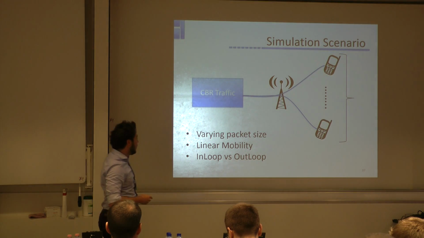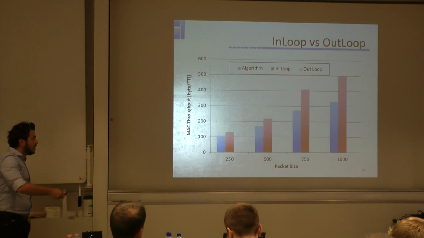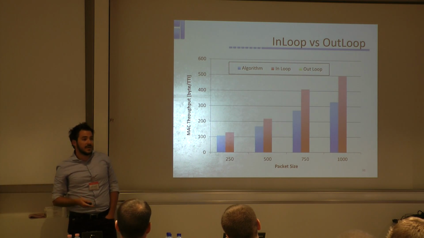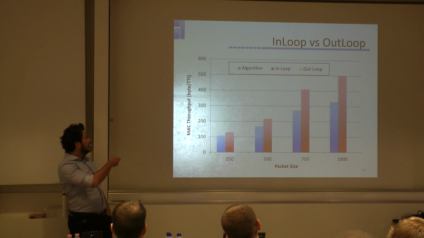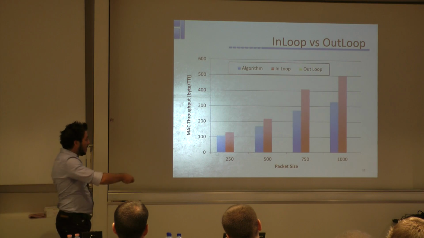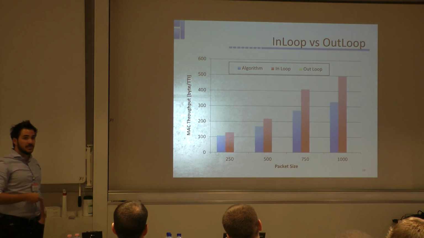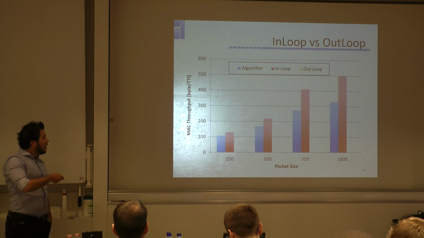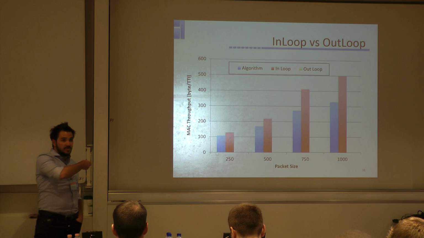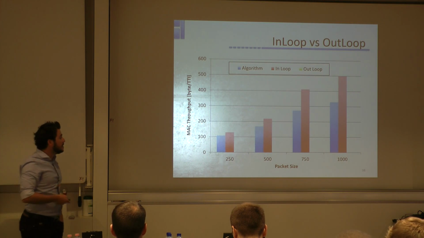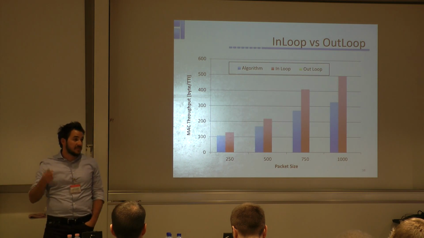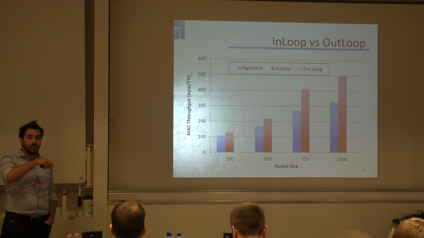What we obtained was something like this. We have the throughput as seen from the MAC layer, so the amount of bytes for each millisecond of the system time for various packet sizes, expressed in bytes. In blue we have the heuristic algorithm, a simple heuristic algorithm that can be used in this case, and in red we have an optimization problem that is solved within the loop of the simulation.